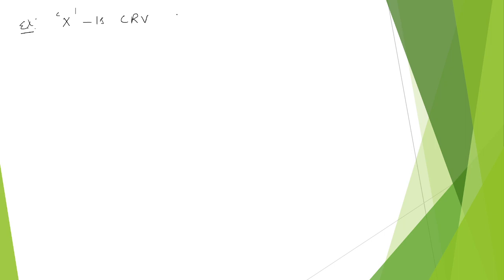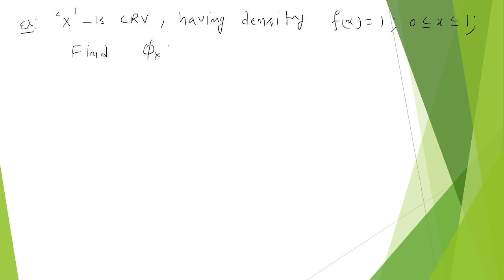Example: if x is a continuous random variable having density function f of x equal to 1 for 0 less than or equal to x less than or equal to 1, then find the characteristic function phi x of t.